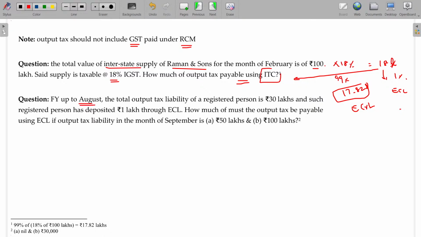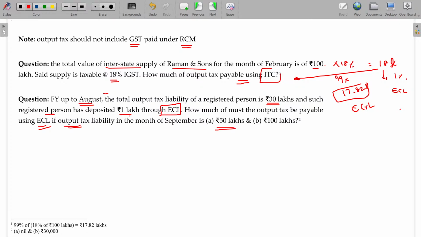Financial year up to August, the total output tax liability of a registered person is 30 lakhs. And such registered person has deposited 1 lakh through electronic cash ledger. Okay, how much must the output be taxable using electronic cash ledger if output liability in the month of September is 50 lakhs and total value being 100 lakhs? So, in the previous month, he has paid 1 lakh using electronic cash ledger.